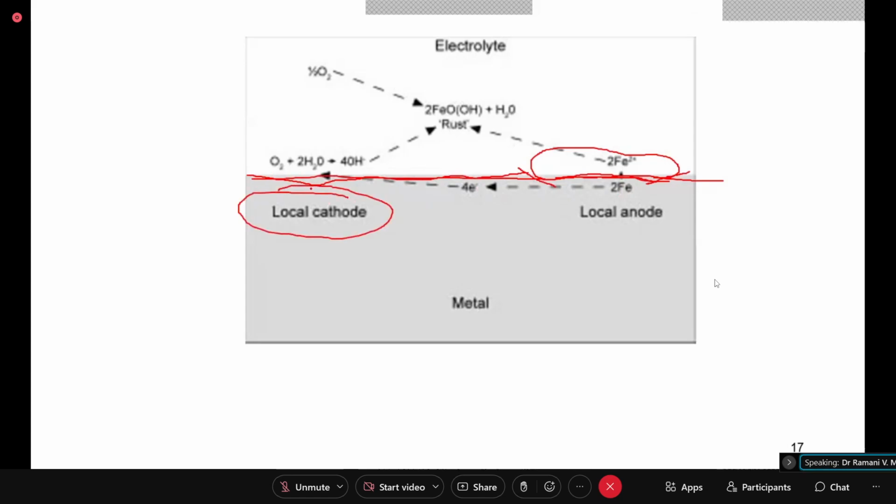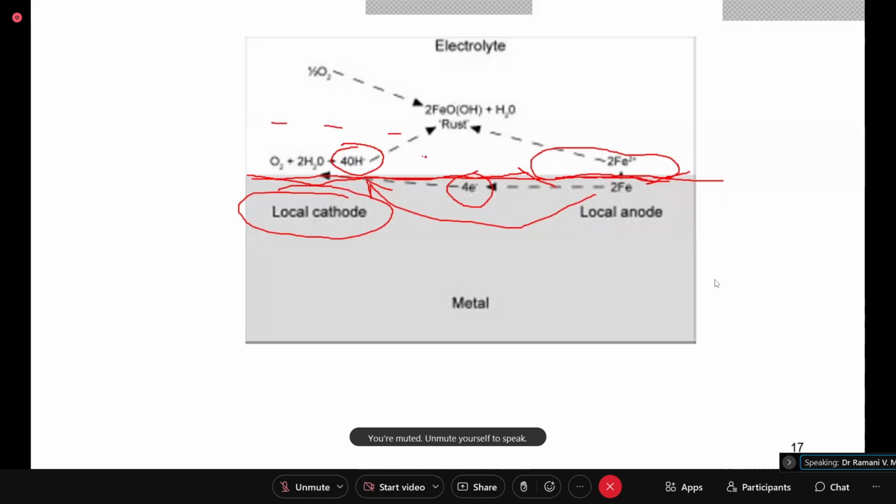Now at the cathode, just now I told you, O2 plus 2H2O plus 4 electrons gives you 4OH minus. From where are these 4 electrons obtained? From the metal itself to the cathodic part, and the electrolyte solution will conduct the ions.